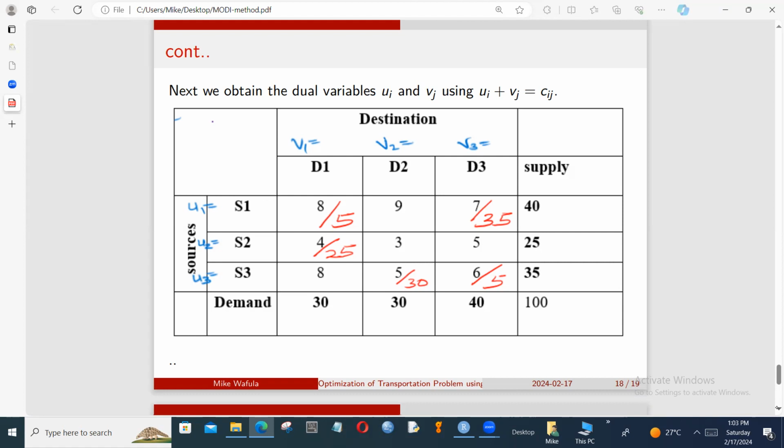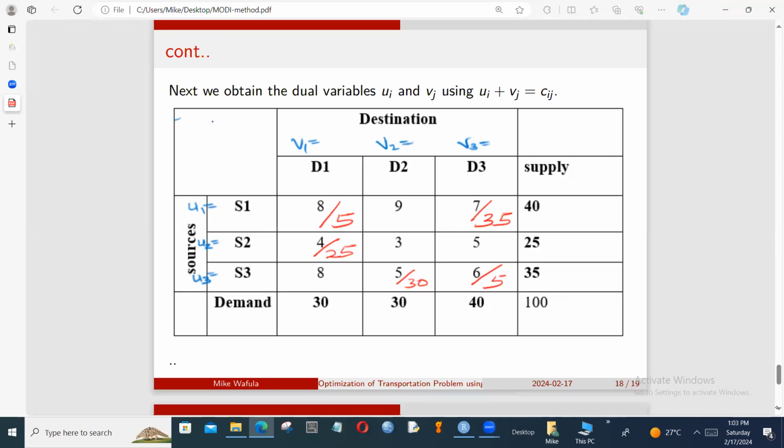Do you have a preference, so that it doesn't appear like I'm the one choosing what to begin with? U2, V2. We begin with U2. So U2, what do we assign it? Let's assign it a figure.